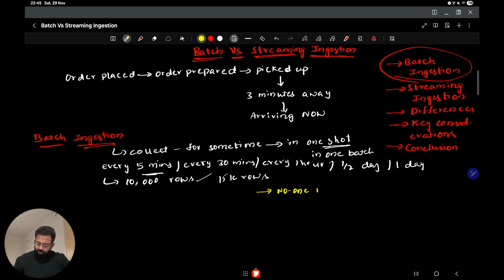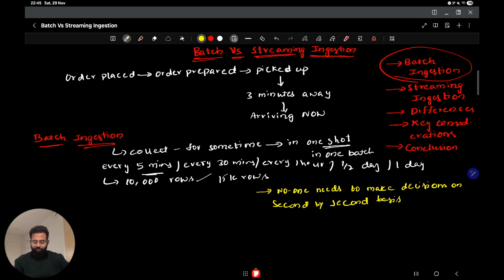When no one needs to make decisions on a second-by-second basis, or when no one needs to make real-time decisions, then batch ingestion makes absolutely perfect sense and works really well.